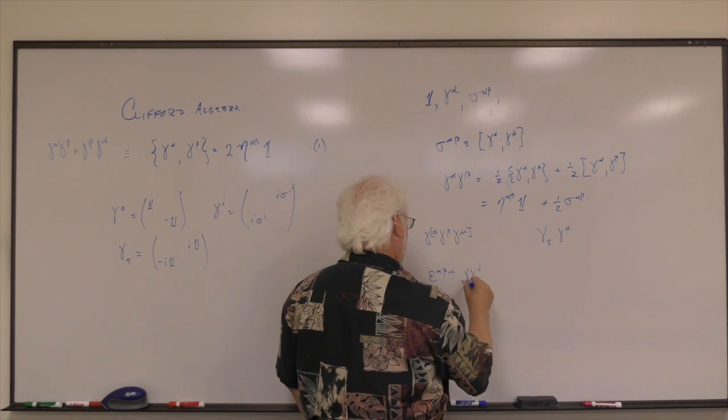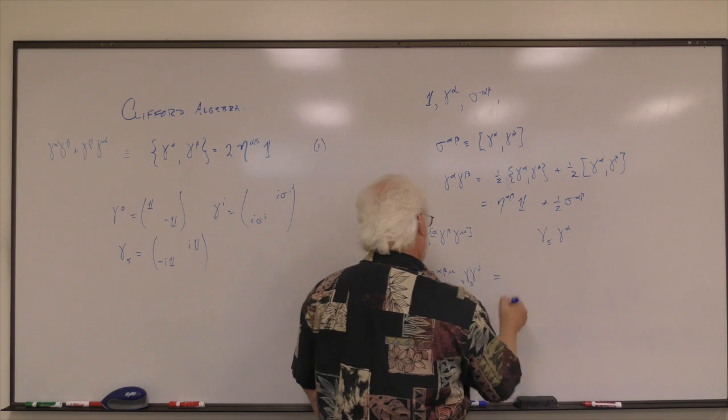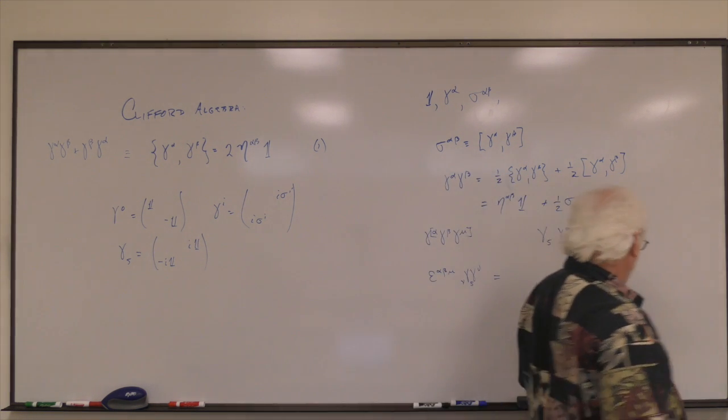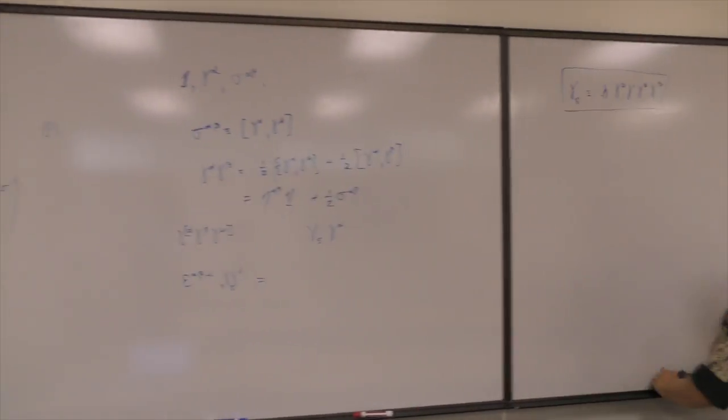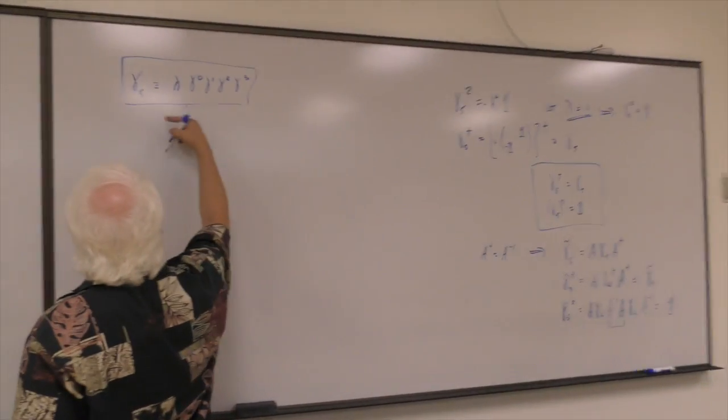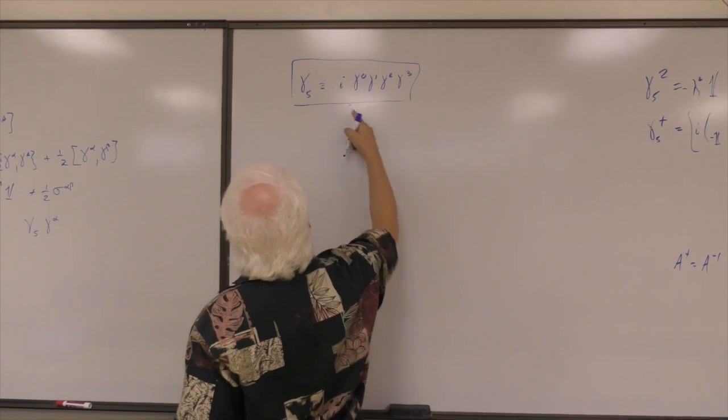Let me put a gamma 5 in here, and now let's see what that is. Gamma 5 can be written using the Levi-Civita tensor, the anti-symmetric symbol. This is now an i times these.